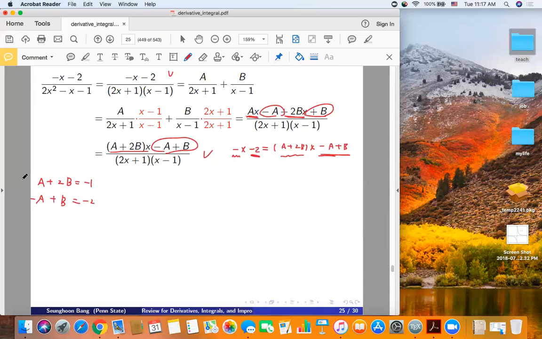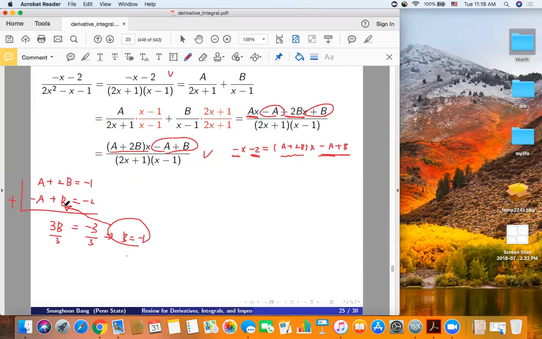How can we solve? First, add these two equations. A minus a is 0. 2b plus b is 3b, equals negative 3. Divide by 3, so b equals minus 1. Plug b equals minus 1 into the first or second equation, it doesn't matter. I plug it into the second equation.